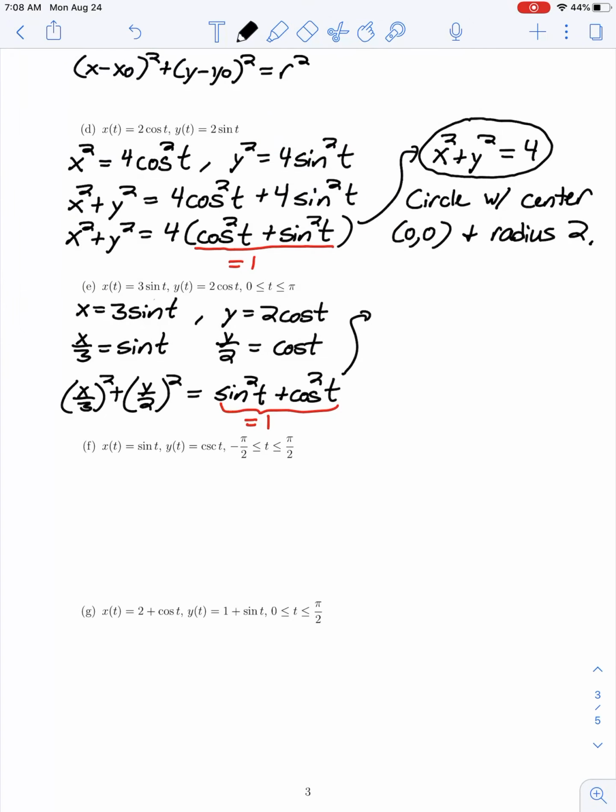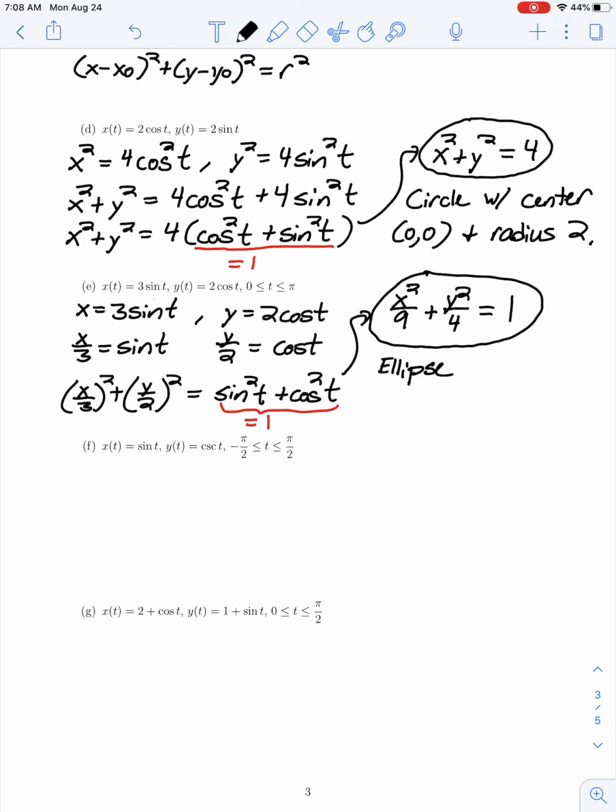So simplifying a little bit, on the left-hand side, I have x over 3 squared, or x squared over 9, plus y over 2 squared, or y squared over 4, is equal to 1. So at this point, I have a Cartesian equation only involving x and y, and we recognize this equation as representing an ellipse.